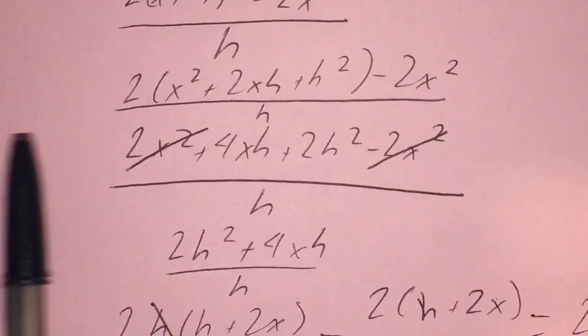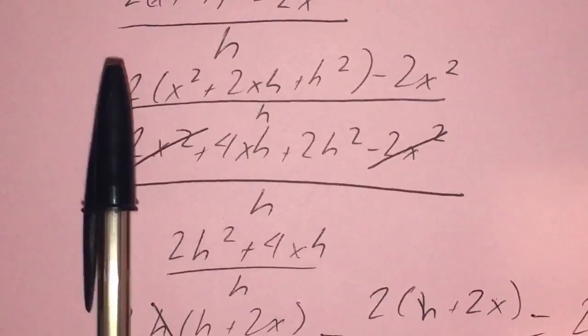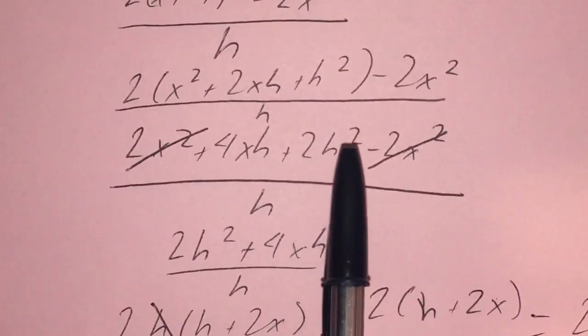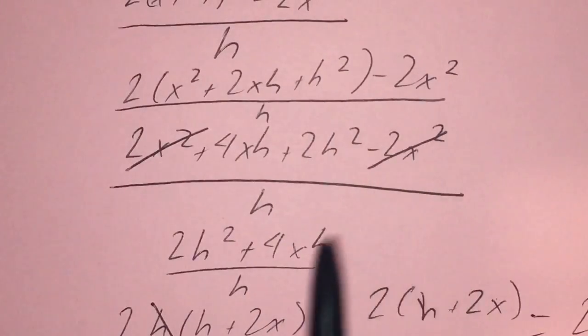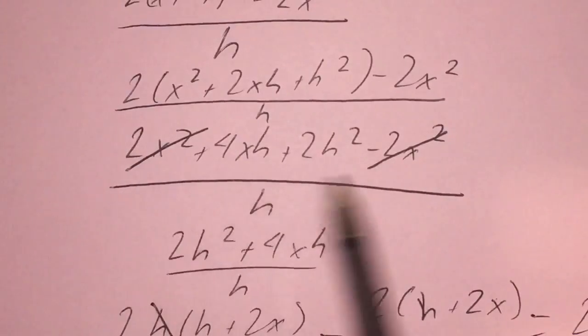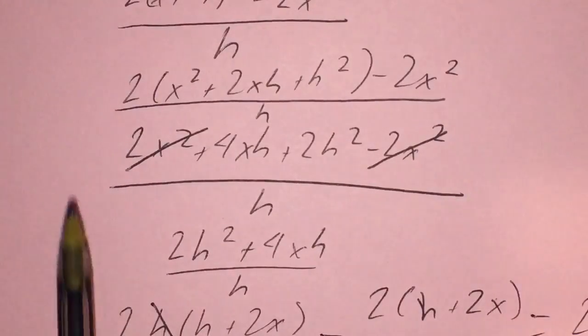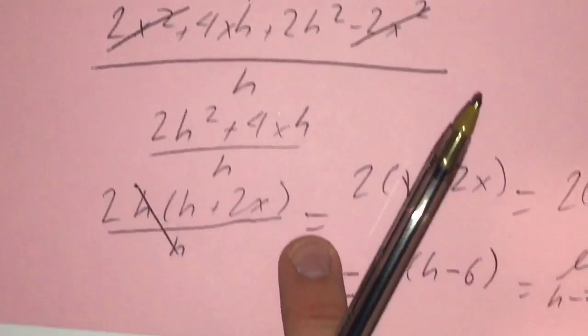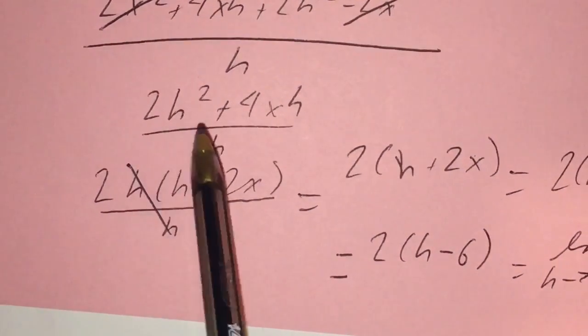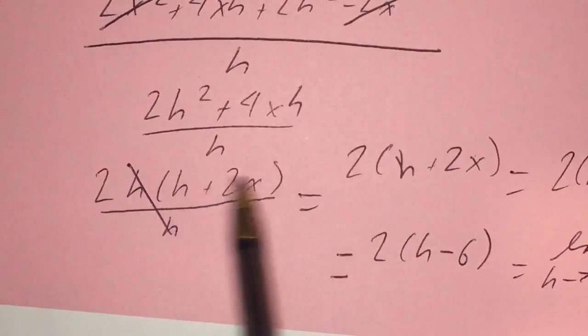Now when you plug it in, 2 times x plus h squared minus 2x squared all over h. Then you multiply it out, so it becomes 2x squared plus 4xh plus 2h squared minus 2x squared. Now, what you can do with the 2x squareds is you can cancel them out, since one's a negative and one's a positive. Remember, that's all over h. Next, you get everything down, and it's 2h squared plus 4xh over h.